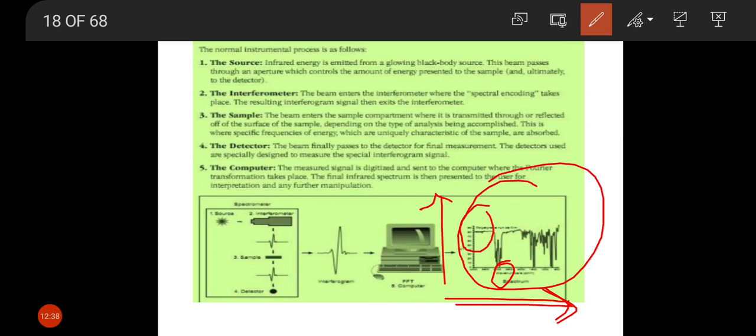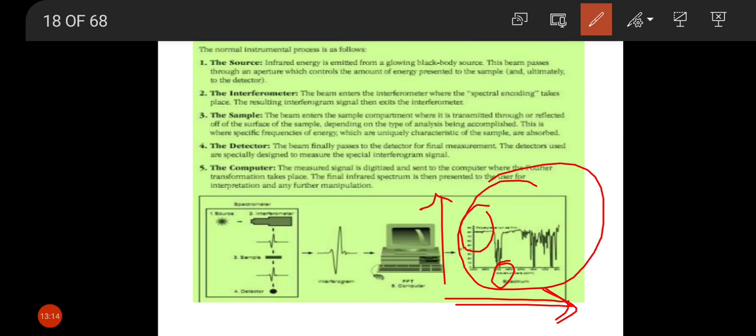Okay, so after absorption, sample molecules vibrate and vibration occurs in this manner, and we get the spectrum from the detector detecting this. The detector detects the intensity of light which passes through the sample and forms the spectrum in the spectrometer or in the recorder.